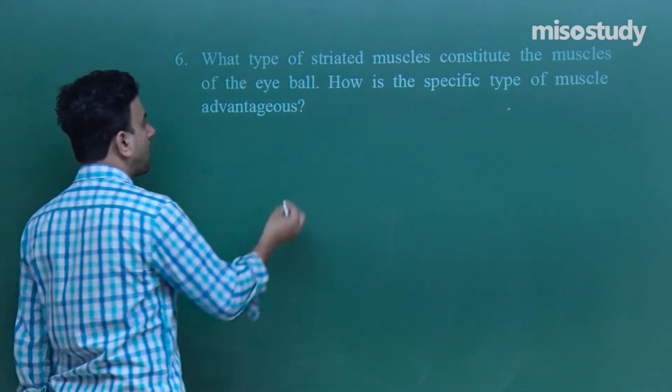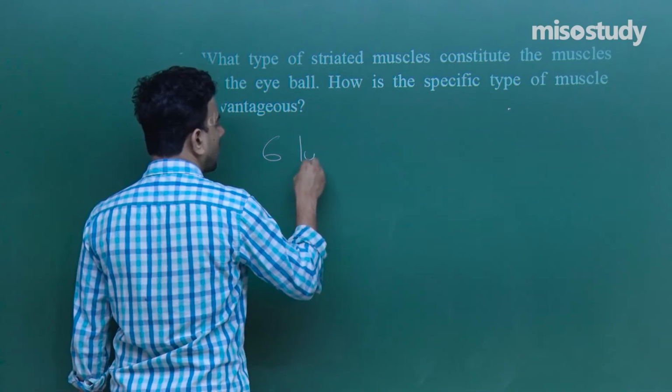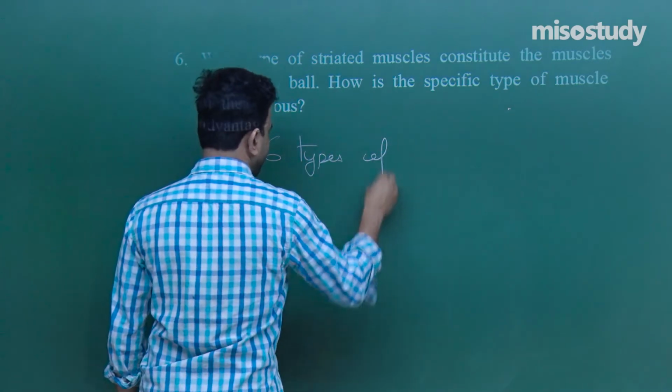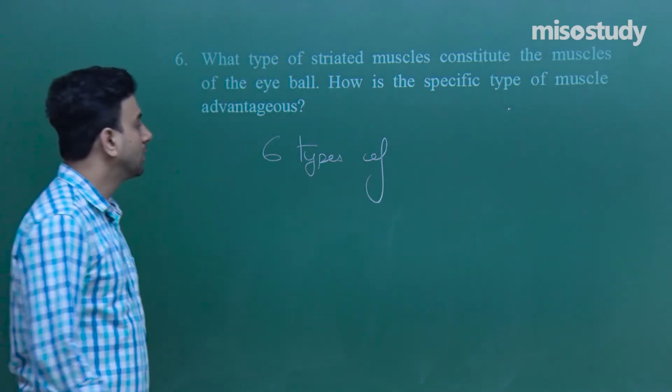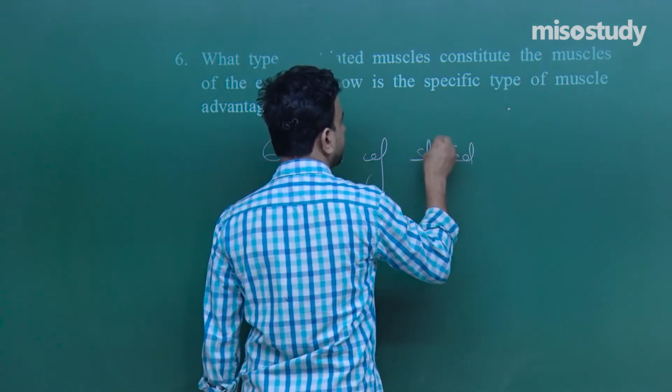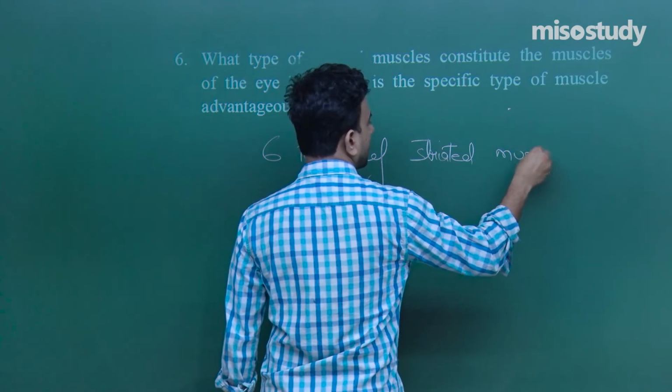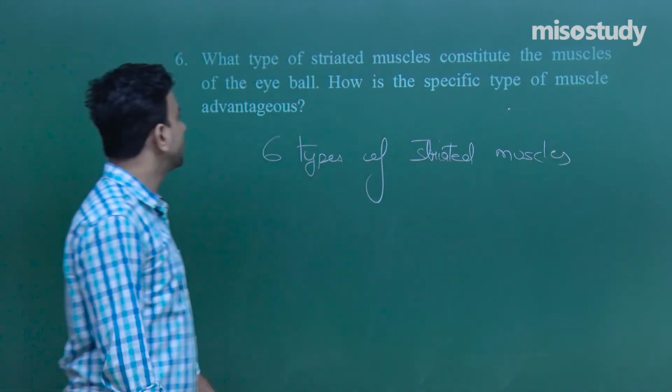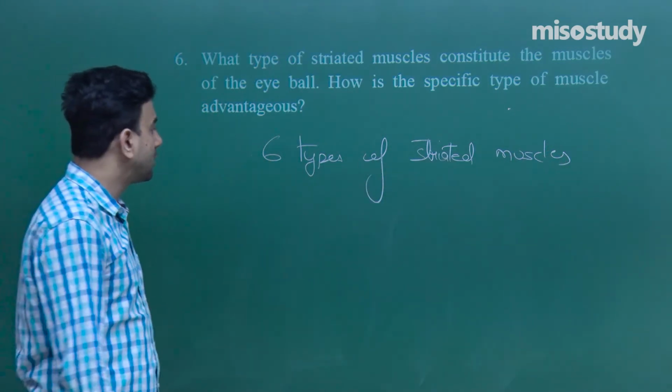Right. So, 6 types of striated muscles constitute what we call the muscles of the eyeball.